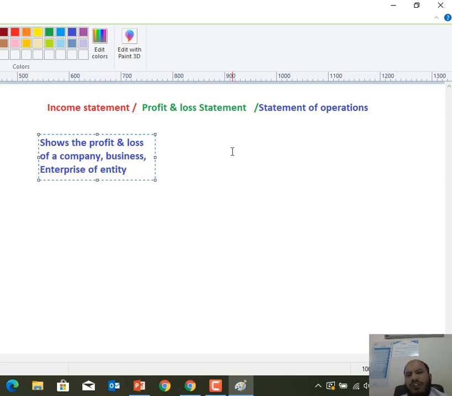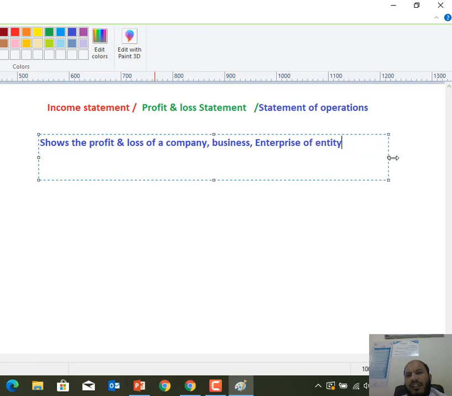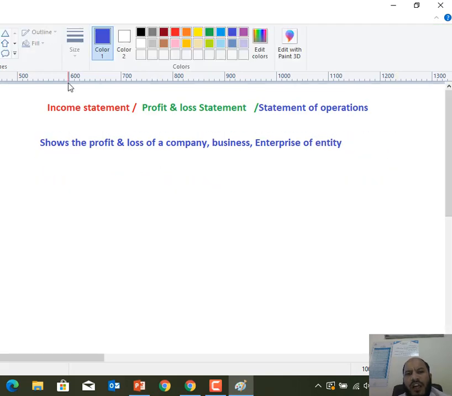So this income statement shows us about the profit and about the loss of a business, of a company.